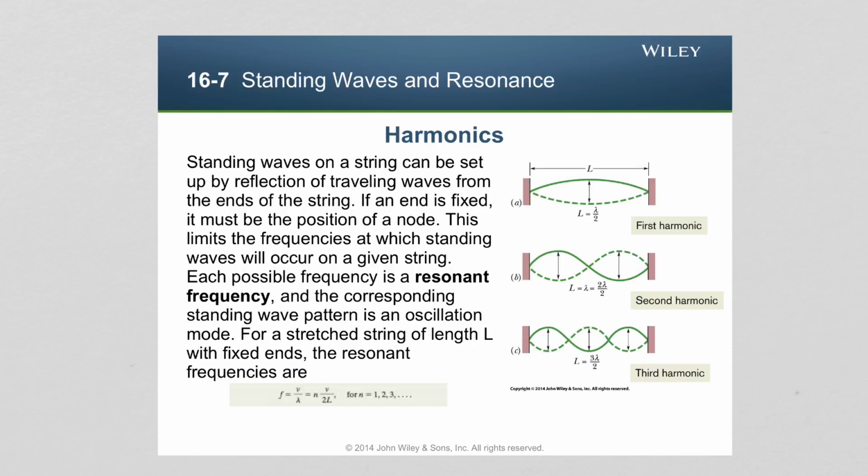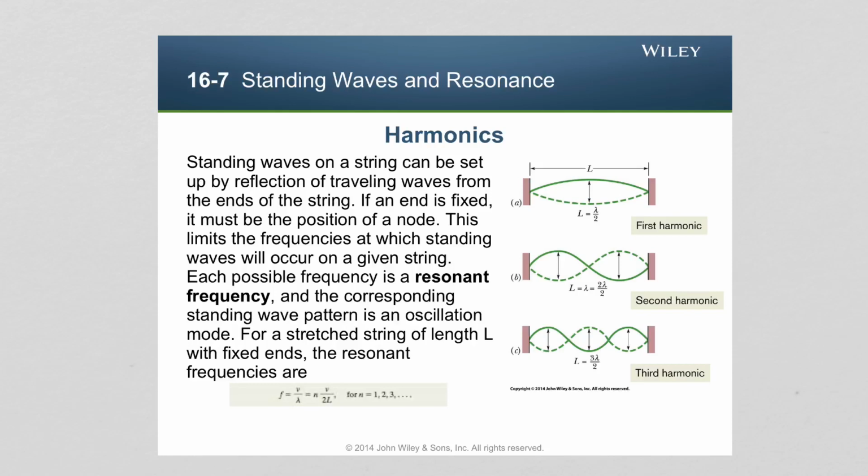And so those waves have frequencies which are known as resonant frequencies. So then the question is, what are these resonant frequencies? So I will explain on a separate slide what that is and how we get them.